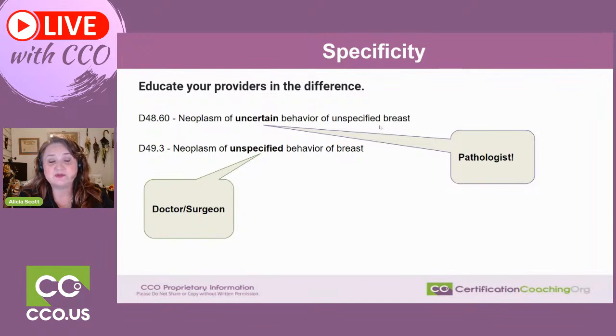Unspecified within the code set as a standard rule means I'm looking at it and I don't know what it is yet, or I didn't document it yet, or failed to document it. There's, again, a reason for unspecified. And you send off a biopsy to the pathologist to get specificity.